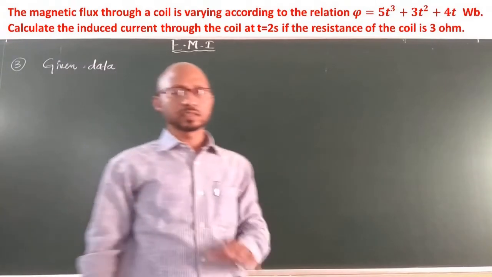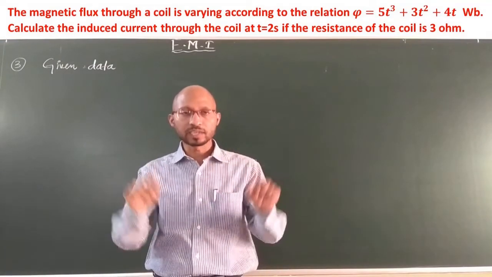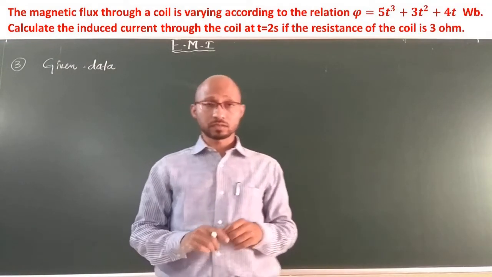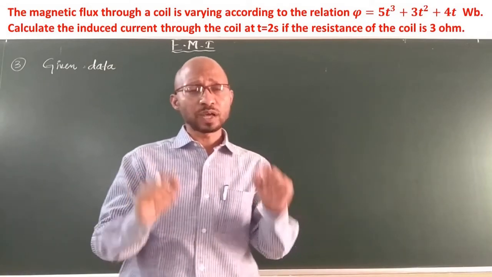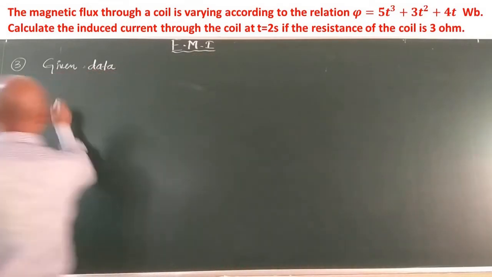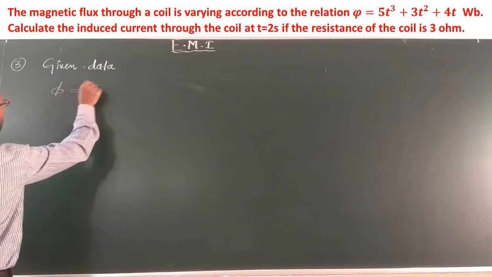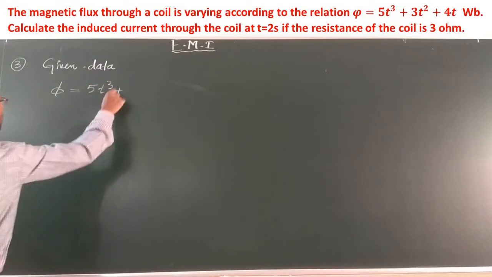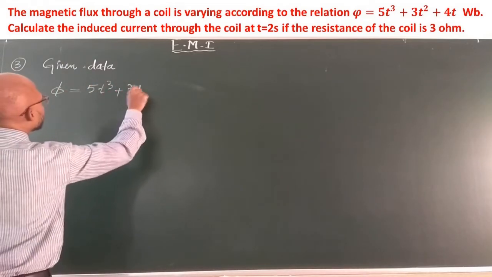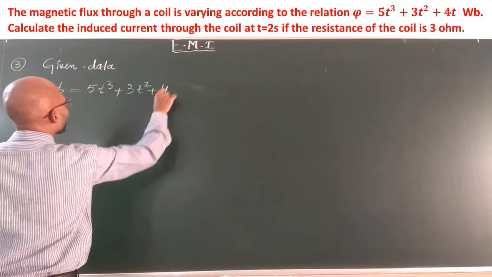Okay, let us see the third problem as you see above on the screen. The magnetic flux linking the coil is varying according to a relation. The magnetic flux value is given as 5t cube plus 3t square plus 4t.